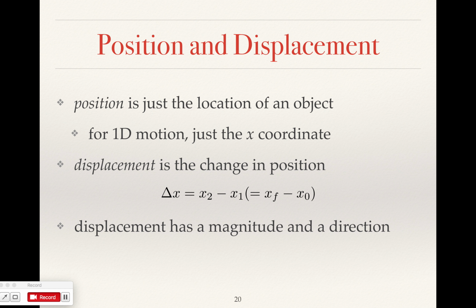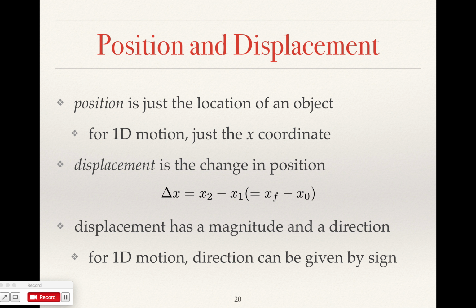All right, so displacement is a vector, so it has both a magnitude and a direction. Fortunately, since we're just using one-dimensional motion, the direction part is actually pretty easy because you can give it by a sign. If all you can move is along a line, and if it's a horizontal line, you can either move to the left or to the right.